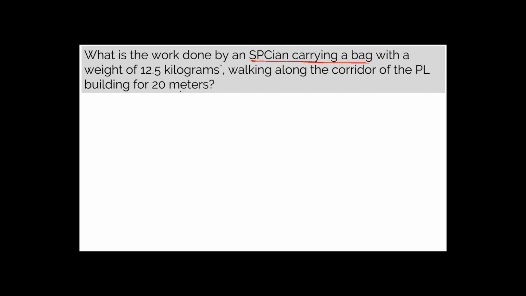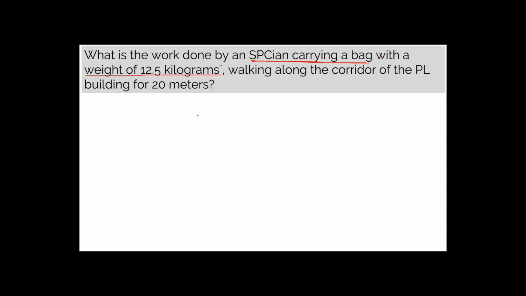And what is that force? What is that force that is being exerted by the object? It is the force due to gravity, which is equal to the weight of the object.